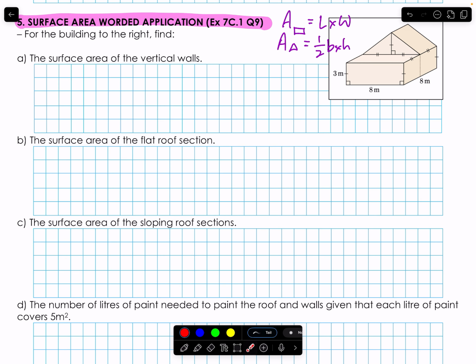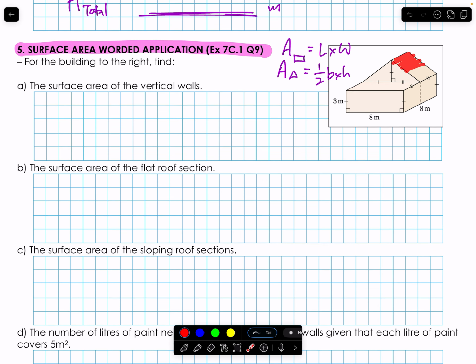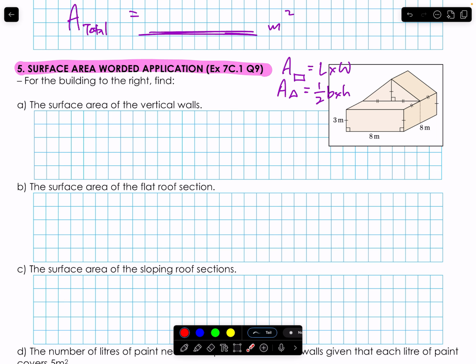The surface area of the flat roof section, you're just finding that. The surface area of the sloping roof section, you're just finding that and that side, but because it's Pythagoras, I need to help you out with that. This side is going to be 4, and this is 3.